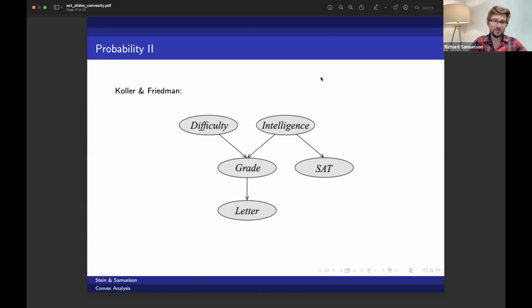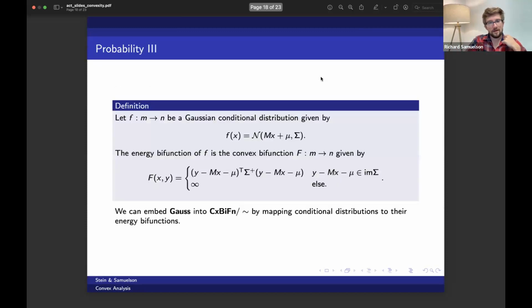But every one of these corresponds to a wiring diagram in Gauss, as long as the conditional probability distributions are all Gaussian. We can embed this category into the category of convex bifunctions by taking the energy function of our conditional distribution, which we define here.